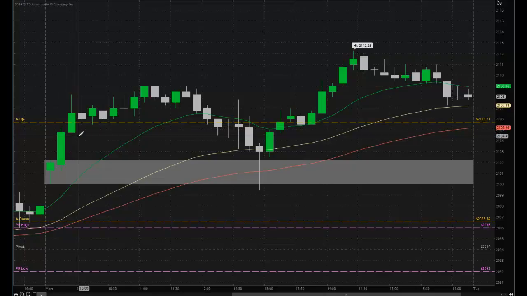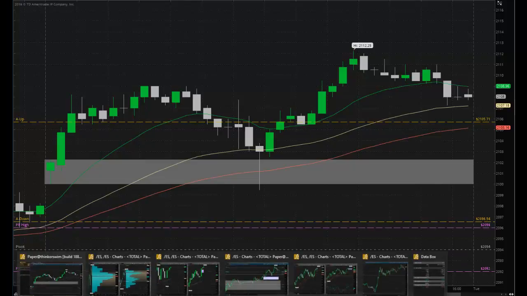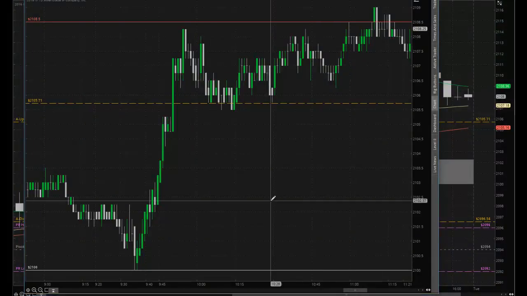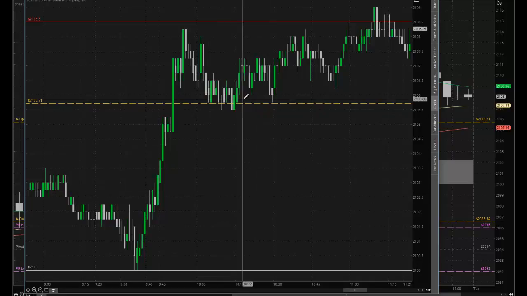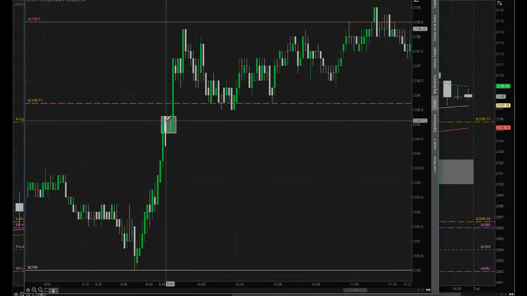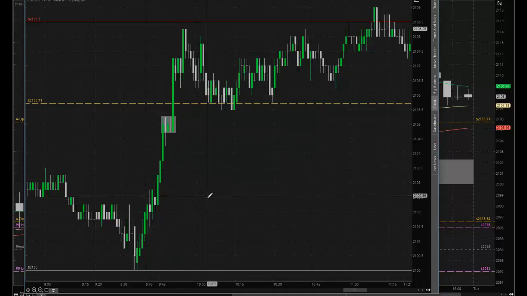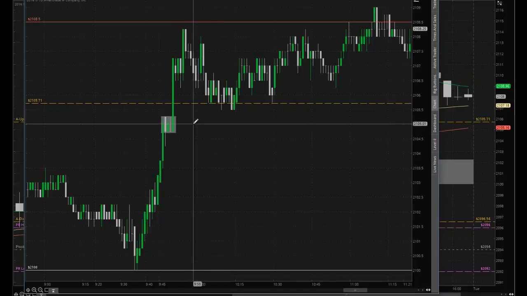Let me bring up a 1-minute chart and show you how it played out, just so you'll know. The market sort of gave a tell this morning that the A might not fail, that it might confirm. If you look in this area, price came up just below the A up and consolidated right here. What you would have liked to have seen is for this to roll over, and the best fades of the A happen when you get what I call a smackdown.